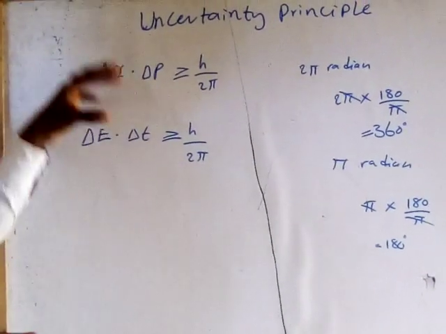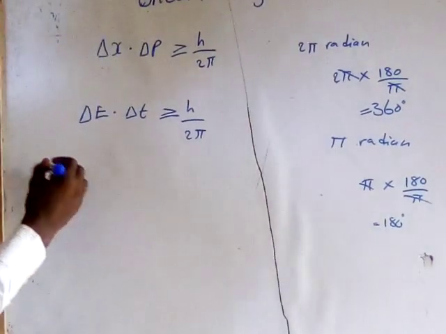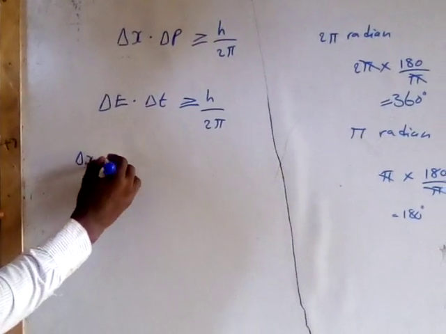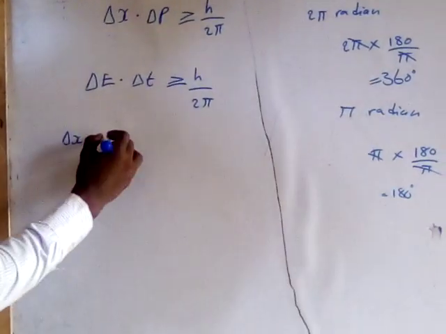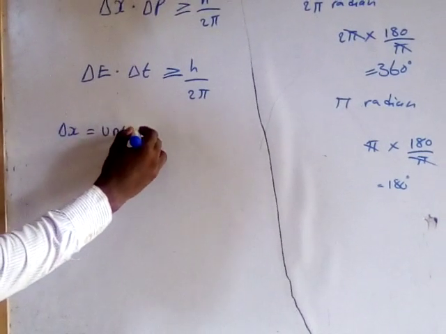In these two, we know that change in x represents the uncertainty in the position.